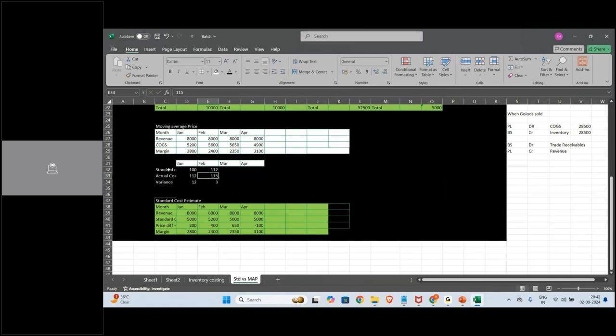That is the reason we have to keep my standard price the same, at least for a period of time. Now imagine your key raw material price was 30 rupees, but now the vendor has changed the price to 38 rupees, so there is an increase of 8 rupees.